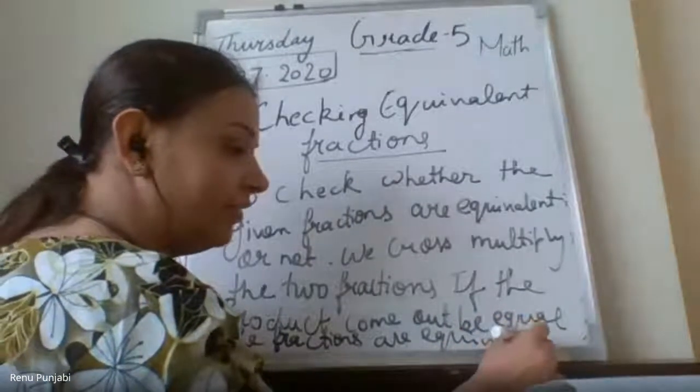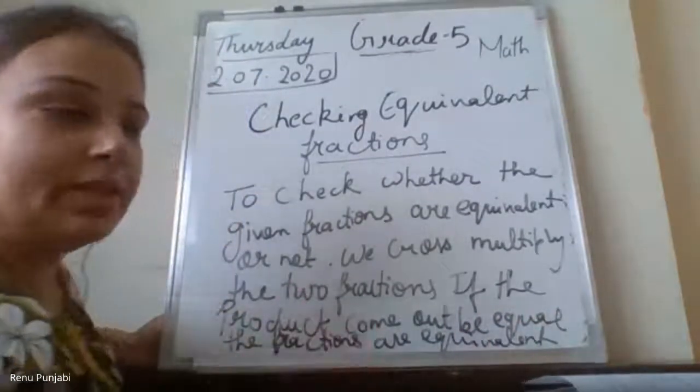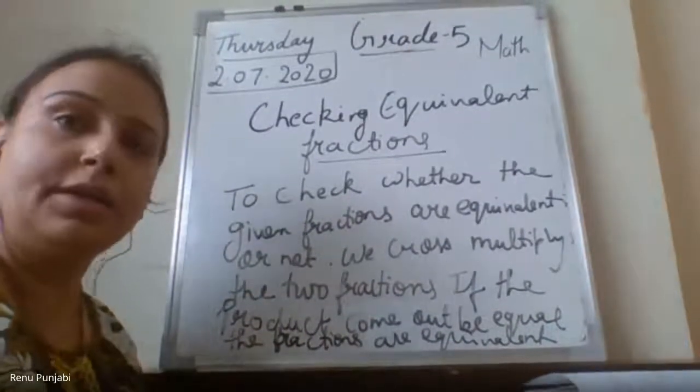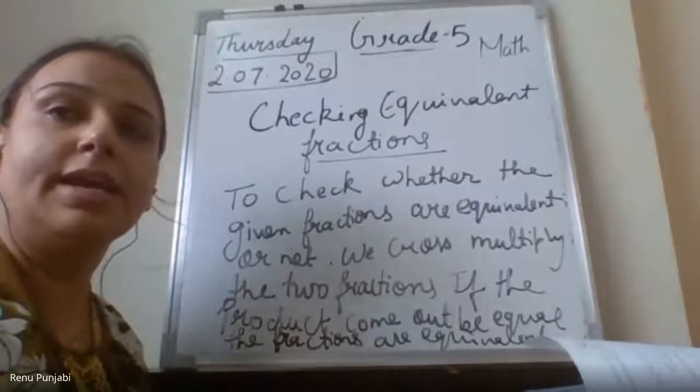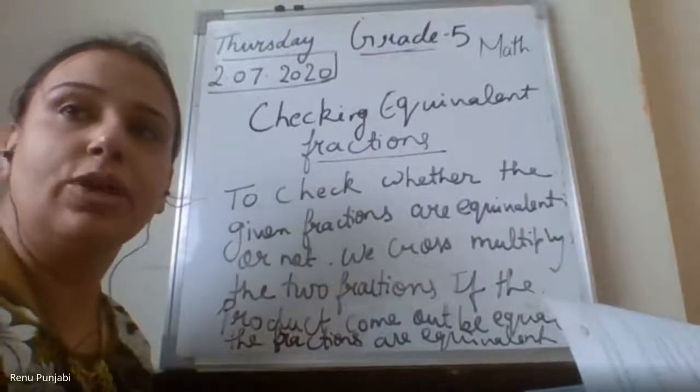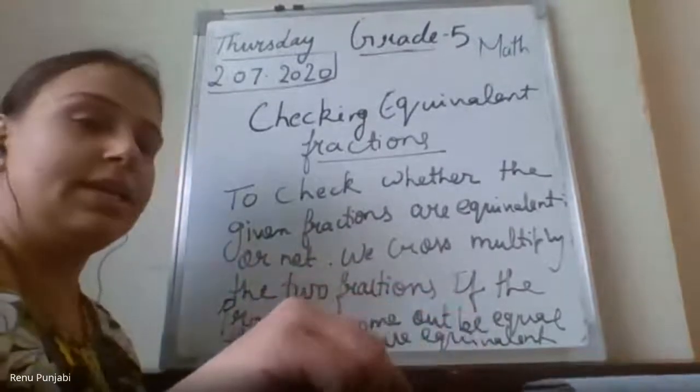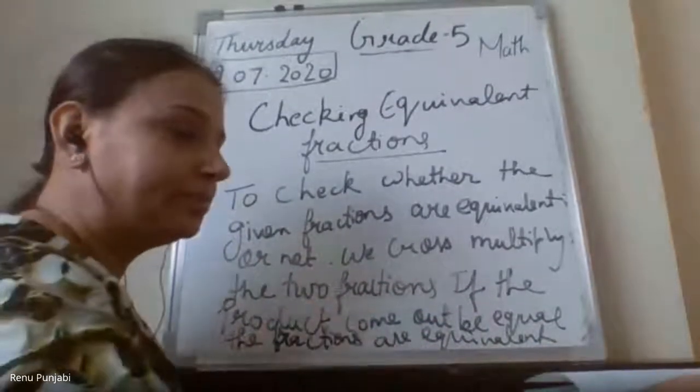And the reverse of this, if after the cross multiplication the products are not equal, then in that case the fractions are not equivalent. So let us see with some examples.